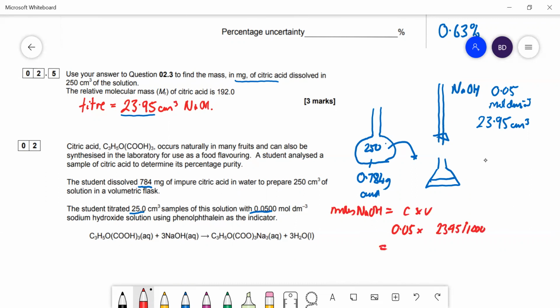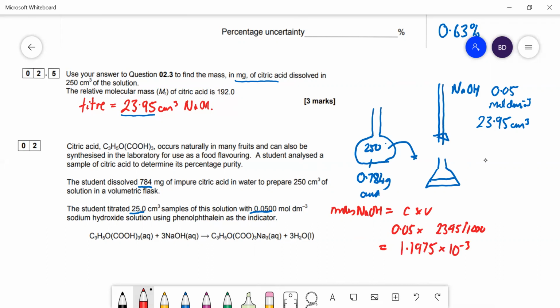And that is going to give us a value of 1.1975 times 10 to the minus 3 moles.